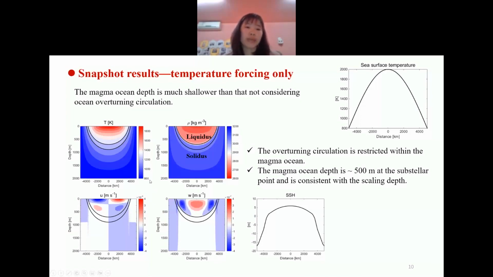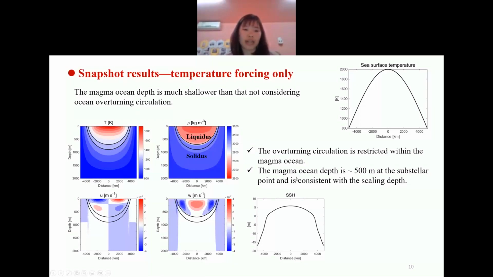Then we determine the magma ocean depth by looking at the temperature field, and we can see that the magma ocean depth is around 700 meters at the substellar point, much shallower than when not considering ocean overturning circulation.